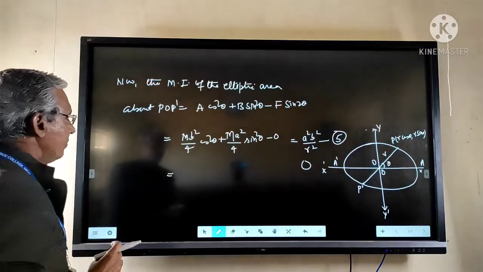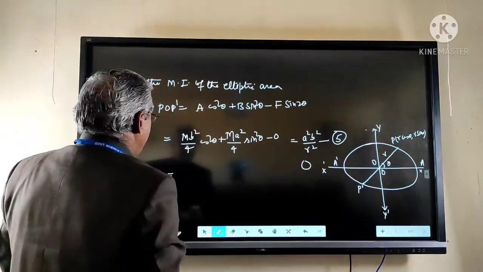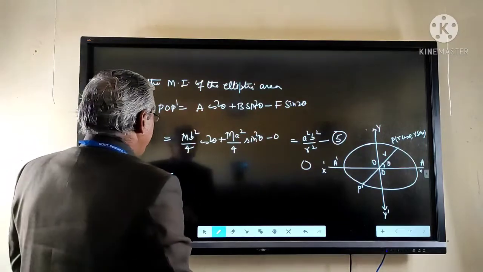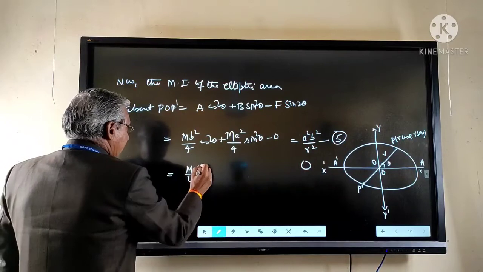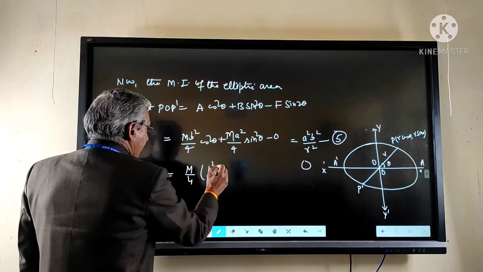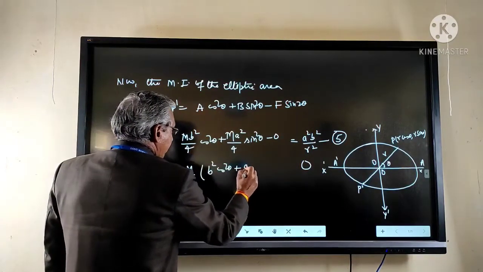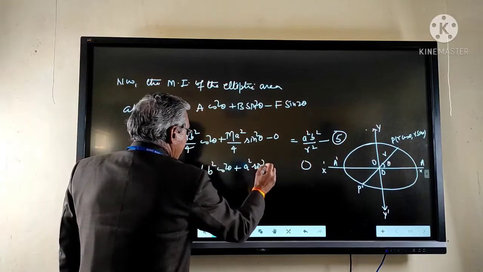This equals m b square cos square theta plus m a square sin square theta, m by 4 is common, b square cos square theta plus a square sin square theta.